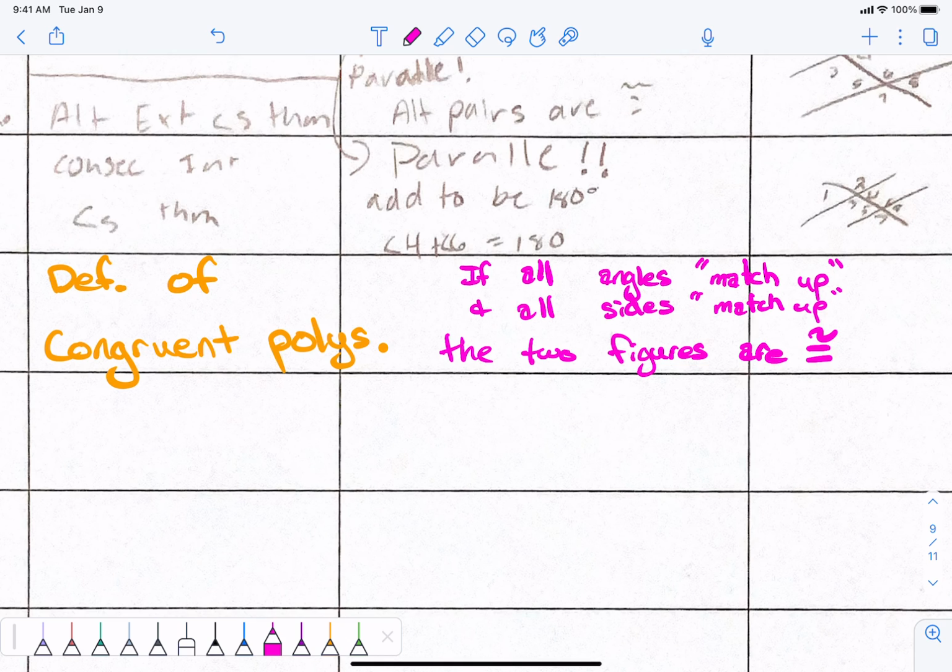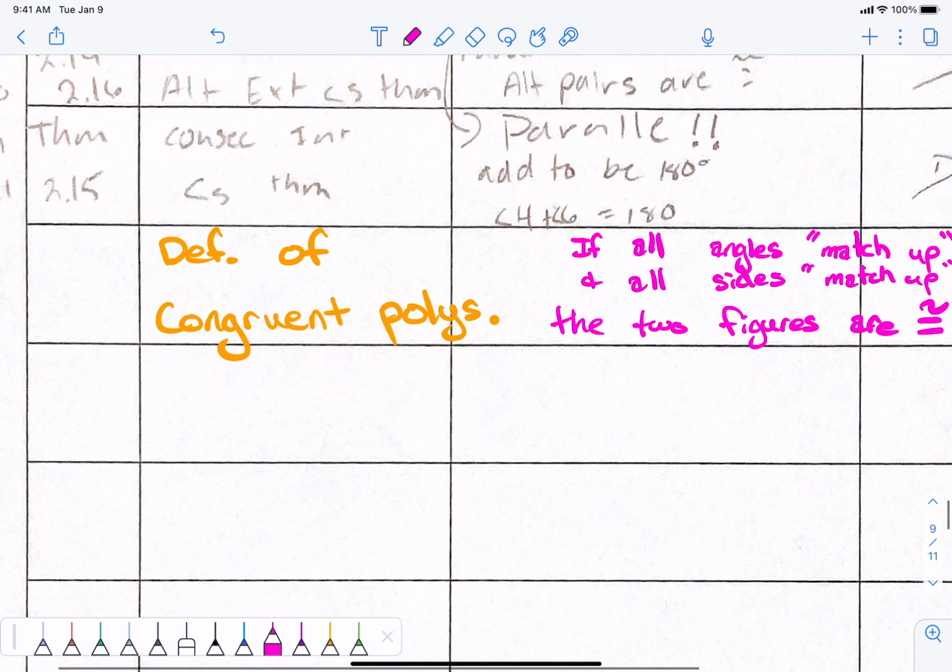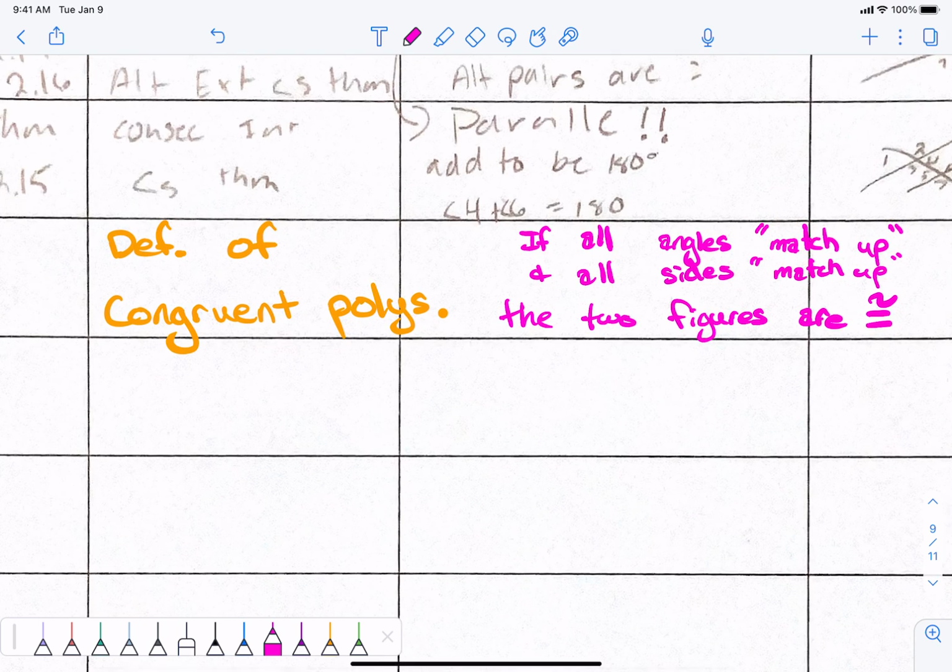Okay, so all of the angles are congruent to all of the angles on the second figure. All of the sides on one figure are congruent to all the sides on the other figure. Then they are congruent. I'm not going to draw a picture with that, but that's the definition of congruent polygons.